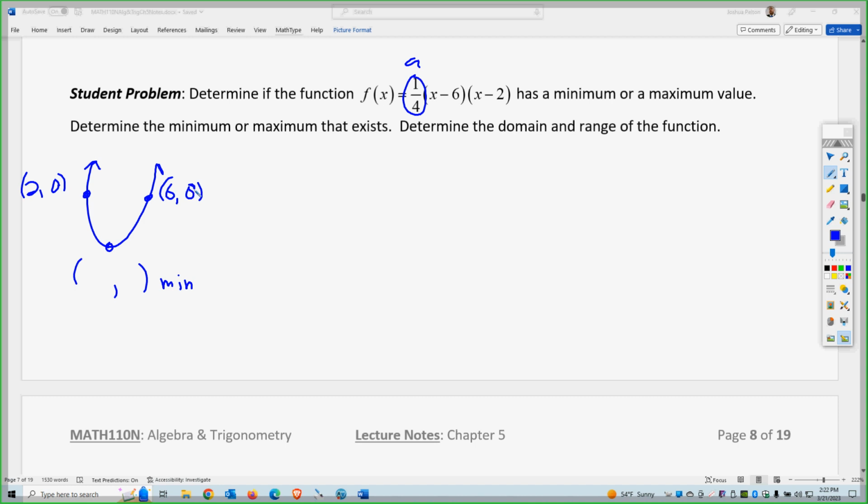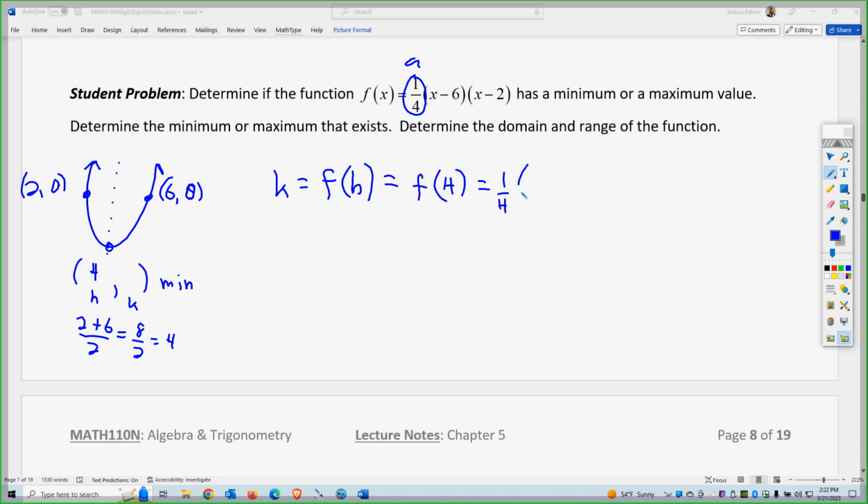Again, I can multiply it all out and do the h formula, but I'm not going to do that because I know that halfway in between, 2 plus 6 divided by 2 is 8 divided by 2 is 4, right? So 4 is halfway in between. So that's my h. So you've got to figure out my k. So k equals f of h. So basically f of 4, right?